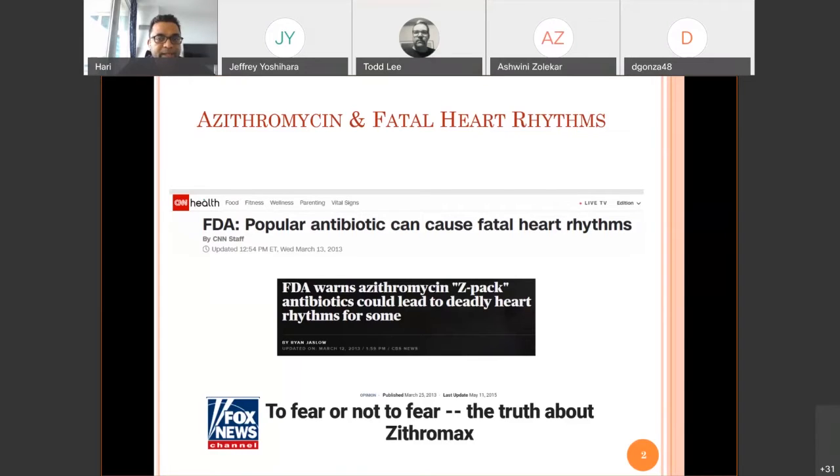And really, back in 2012, there was a lot of news coverage related to this risk of cardiac events or fatal heart rhythms with azithromycin. It was talked about heavily in the news media because of the sheer number of patients who receive azithromycin on a yearly basis. So from this idea that first took place in 2012, that is where I started to look into it a little bit further and made it part of my dissertation.